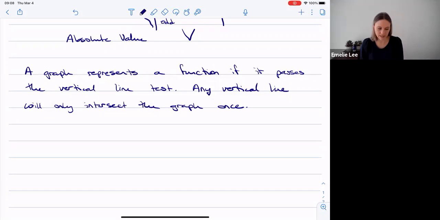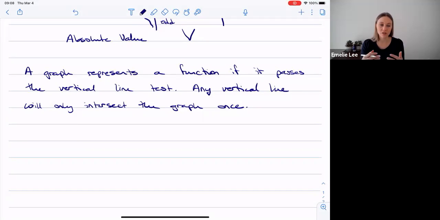Of course, we talked about it last day. So for testing purposes, I only throw that on for kind of a gimme mark, easy marks. I give you a graph and you tell me, does this represent a function? Yes or no. You don't need to explain why, but it's good to get in the habit of saying, yes, it is a function because it passes the vertical line test.